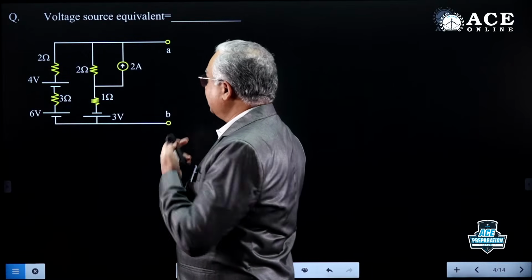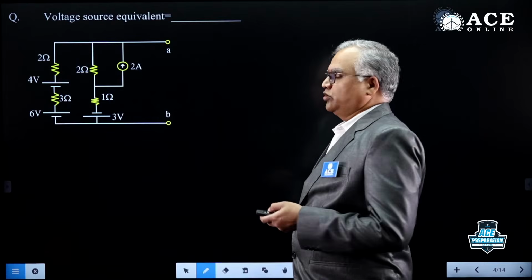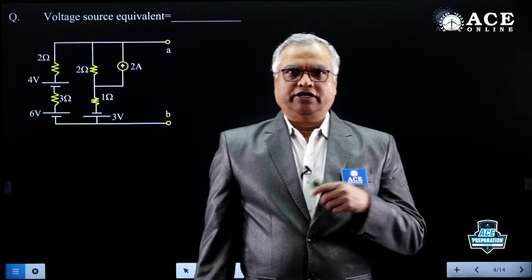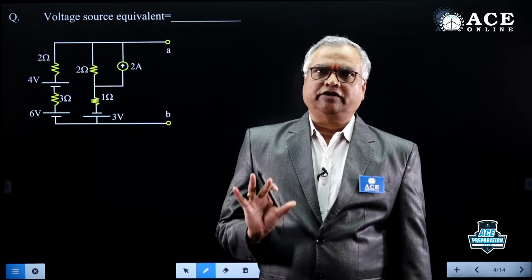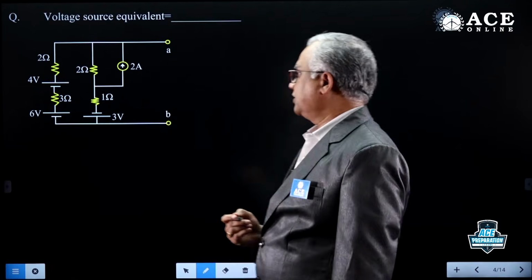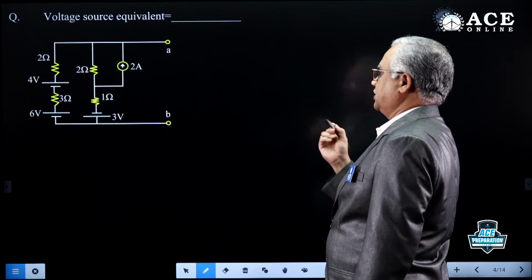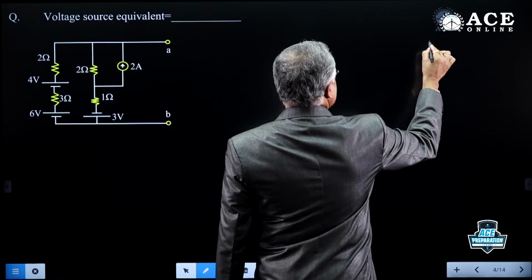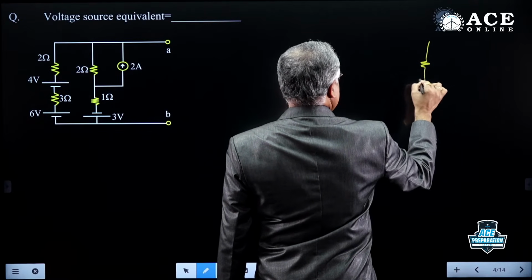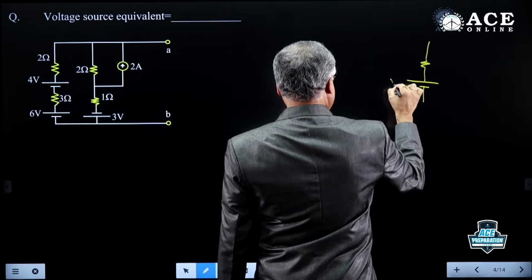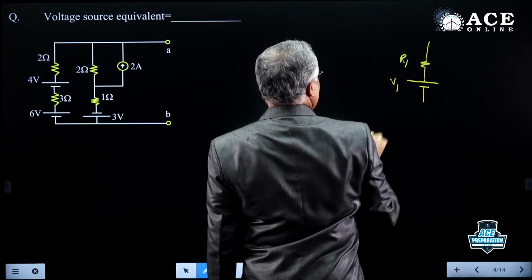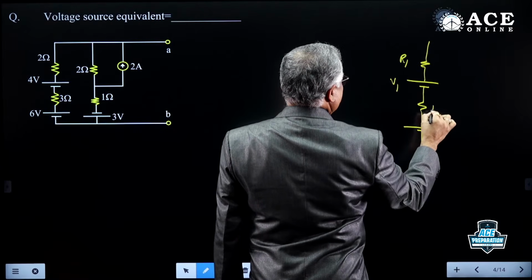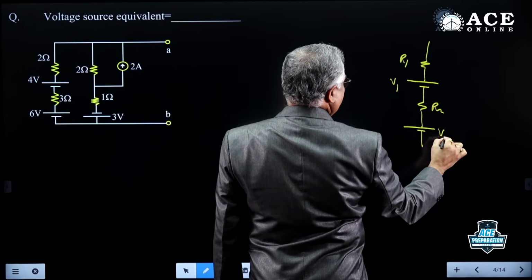Voltage source equivalent. This is based on source transformation. A voltage source can be converted to a current source and vice versa. So what are the basic rules you should know whenever you are applying source transformation? If two voltage sources are in series, this is the voltage source symbol, V1 with R1, and there is another source connected in series, R2 with V2.